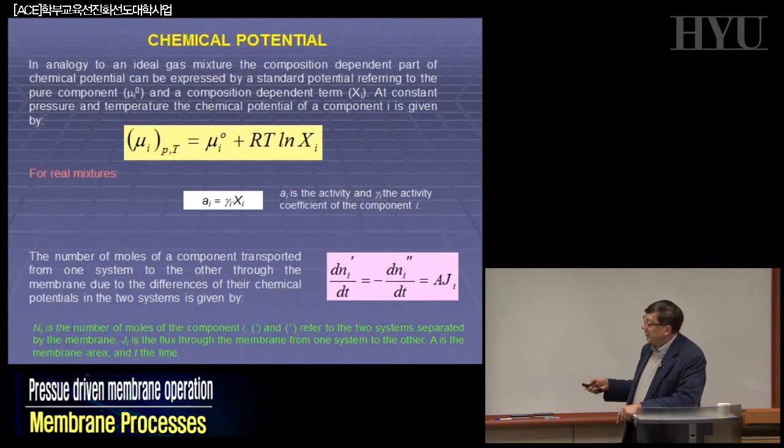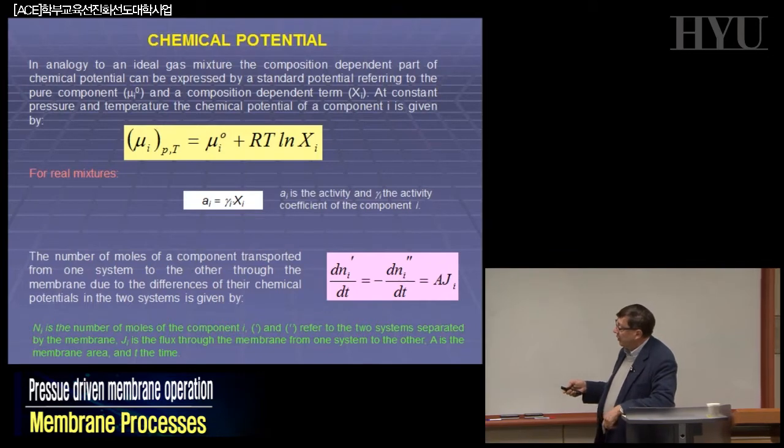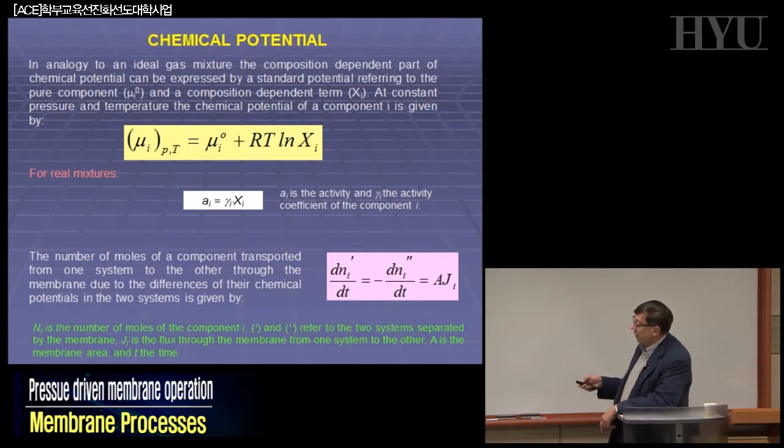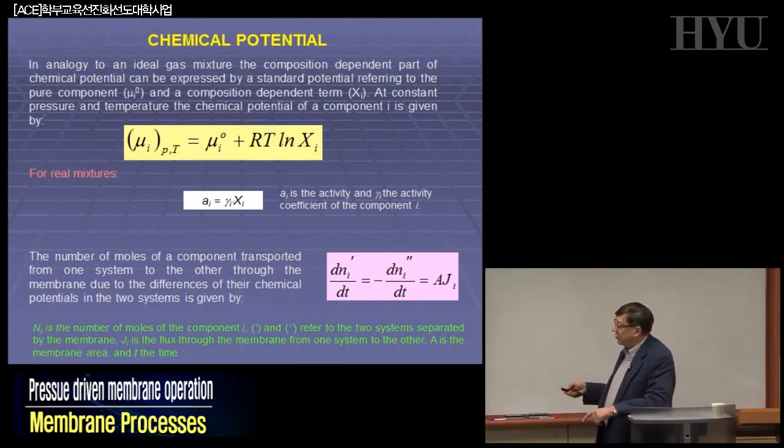So we define in simple terms, as normally done, the chemical potential in terms of the Gibbs free energy, as we saw before, in this way. We have one term, the standard chemical potential, defined at specific conditions of temperature and pressure, plus the dependence of the chemical potential of the Gibbs free energy on the composition. So this is one way to express the chemical potential at constant pressure and temperature, but as a function of the composition.